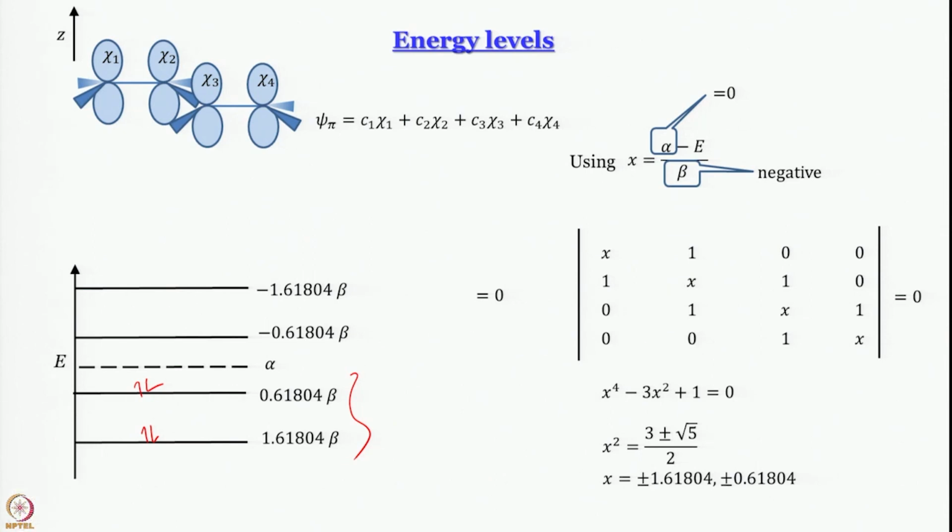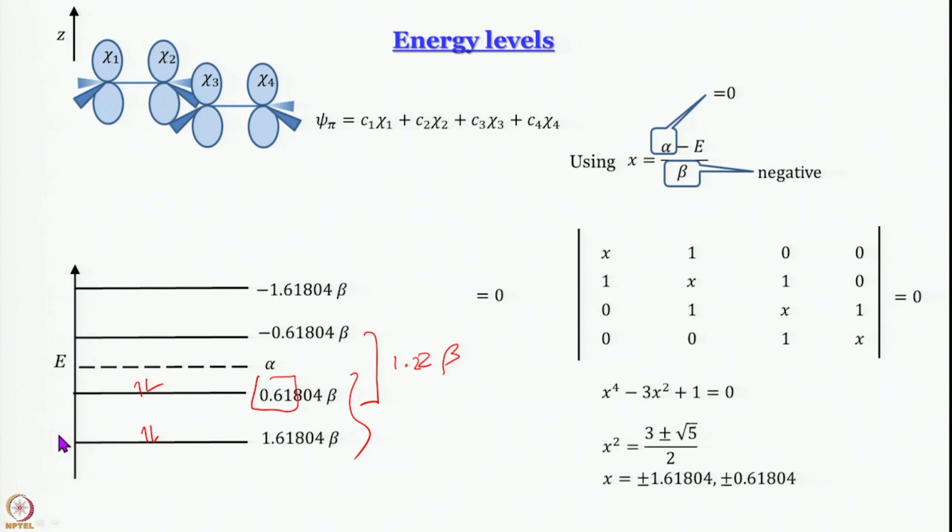So the HOMO-LUMO energy gap, how much is the HOMO-LUMO energy gap? That turns out to be, I will just consider 2 decimal places, 1.22 beta. That is the energy gap that we get between HOMO and LUMO.